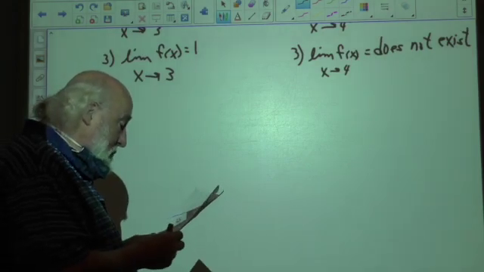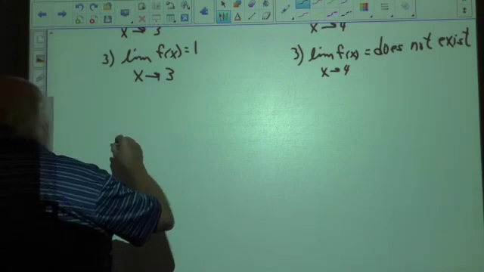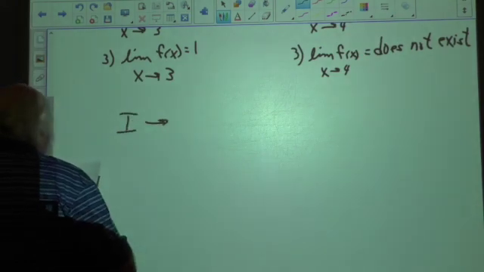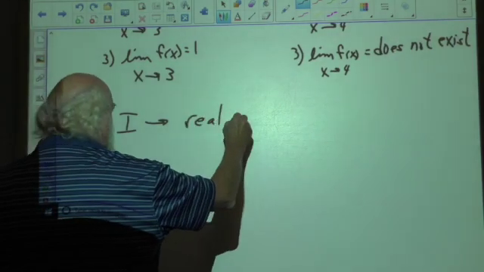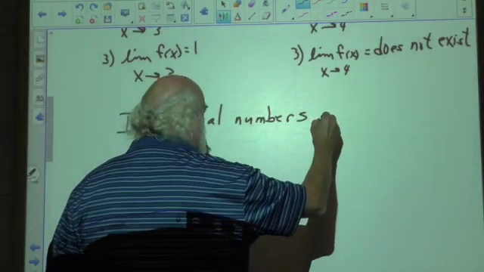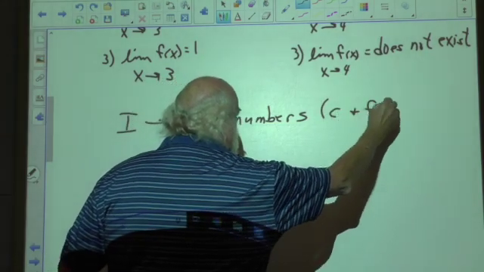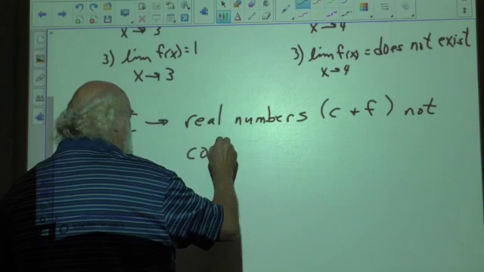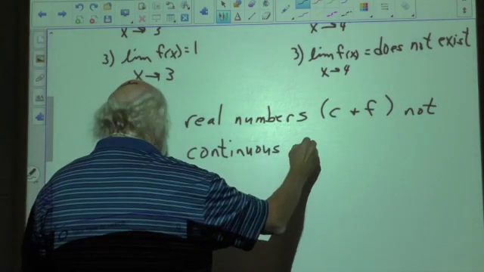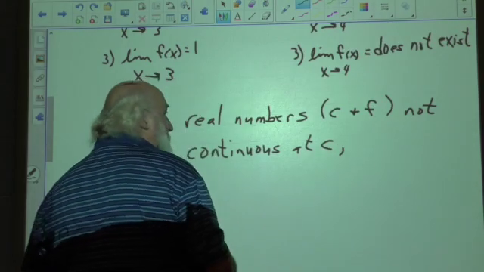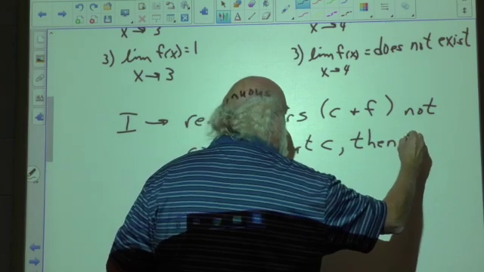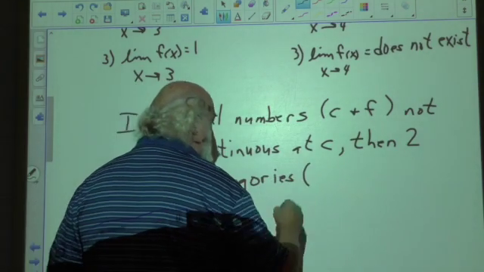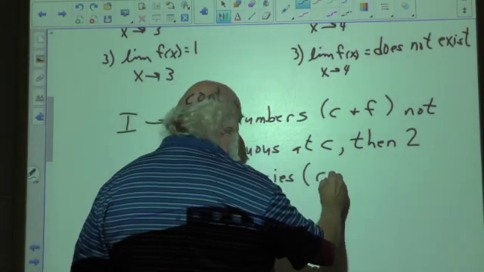And that is that if you have an open interval I such that you have your real numbers in the function like we talked about before, C and F, that are not continuous at C, then there are two categories of discontinuity, and we call them removable and non-removable.